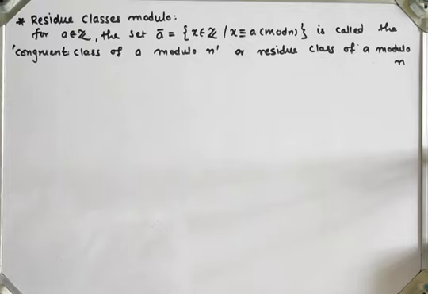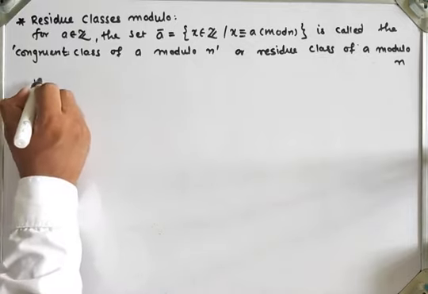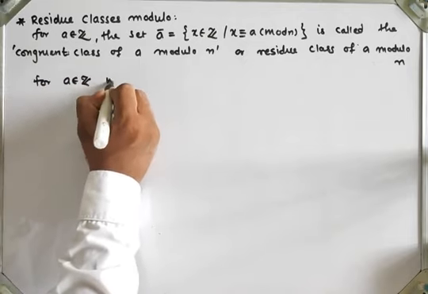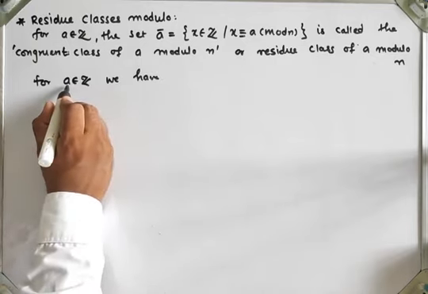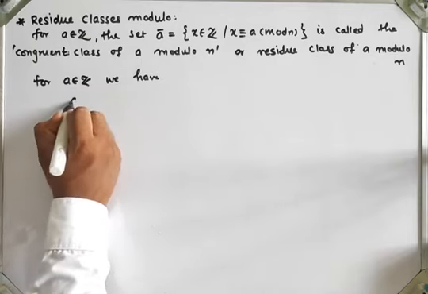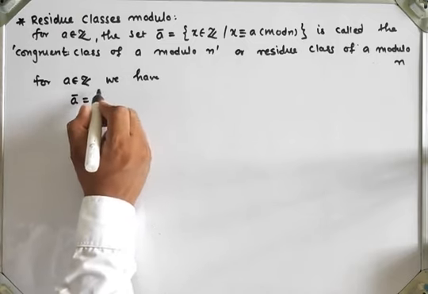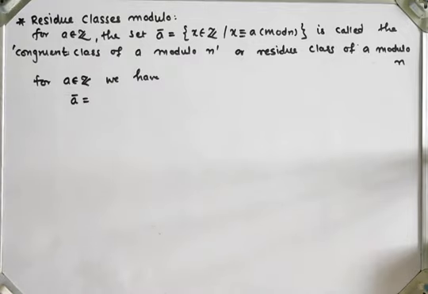So thus the residue class of a is the set of all integers which are congruent to a modulo n. So for example, for a belongs to the set of integers, we have a bar equal to the residue class of a modulo n.